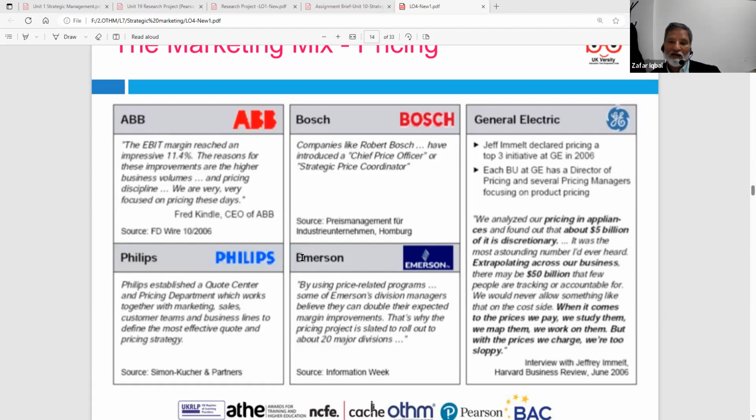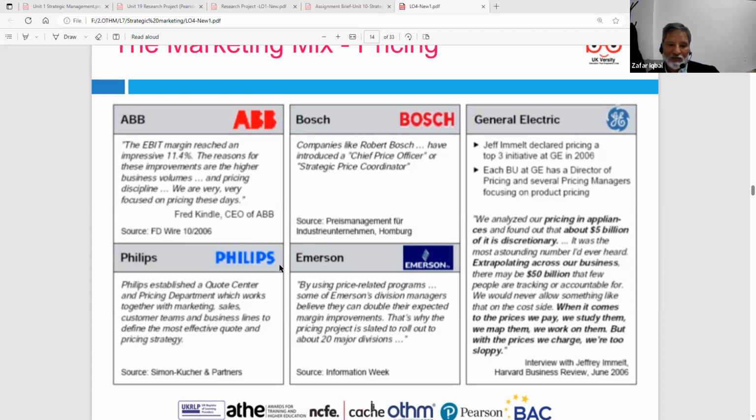Okay, General Electric, for example, when they are talking about pricing, they have a director of pricing and several pricing managers. They talk about their product and particularly focus on product pricing.